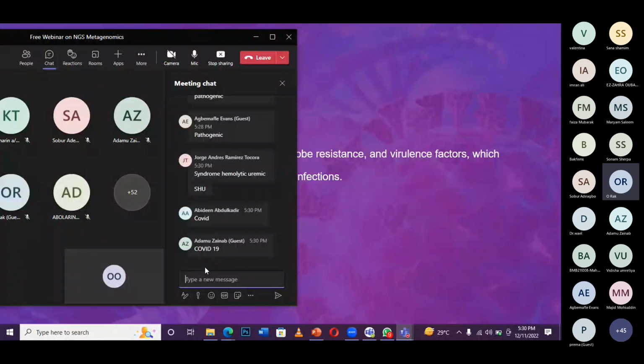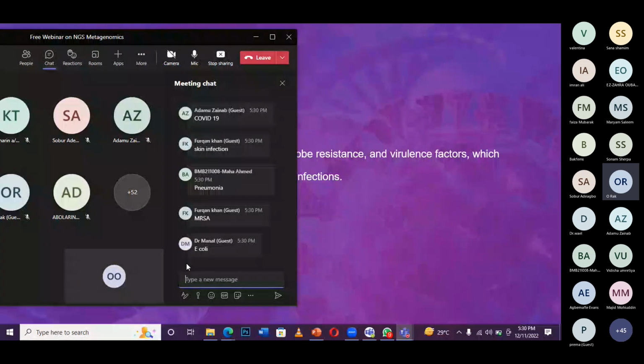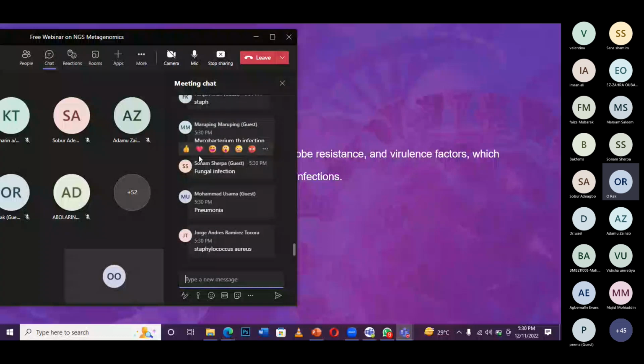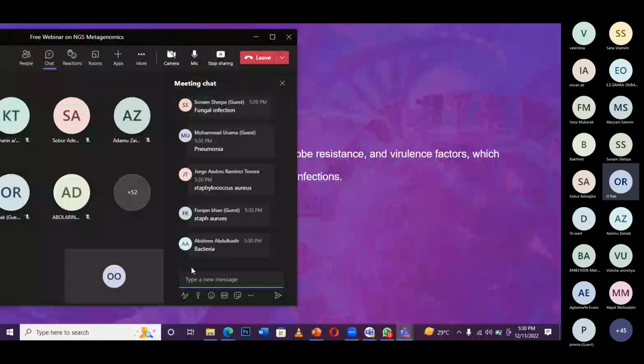Yeah, we have E. coli. Yeah, Staphylococcus aureus. Staphylococcus aureus causes a specific skin infection.